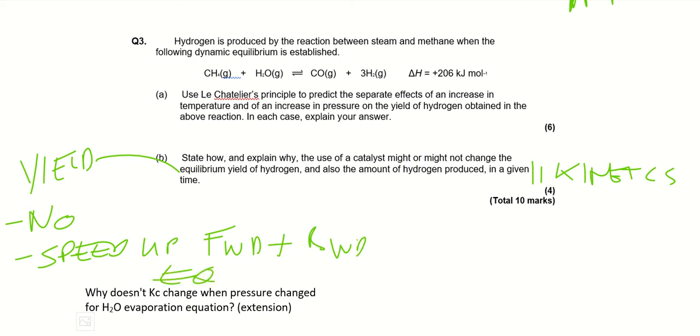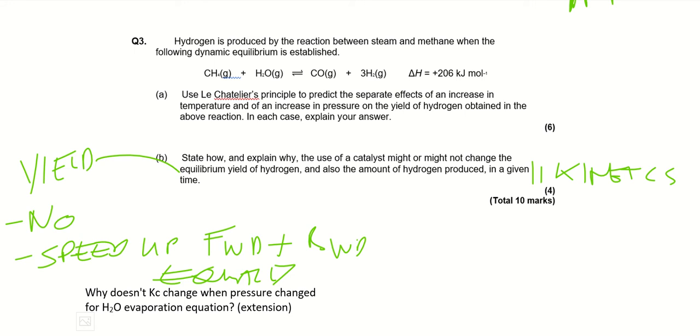Okay, so we've stated how it changes the equilibrium yield. It doesn't. We've stated why, because it speeds up the forward and backward reaction equally.